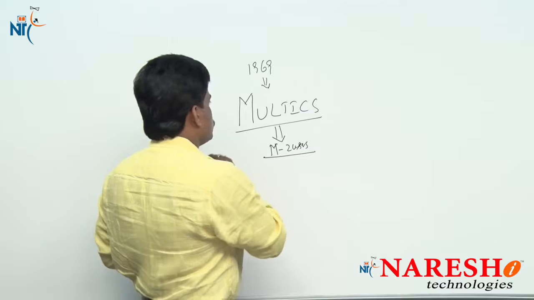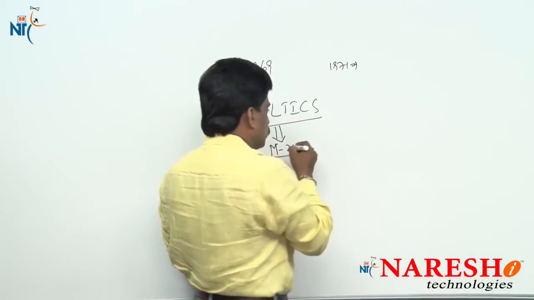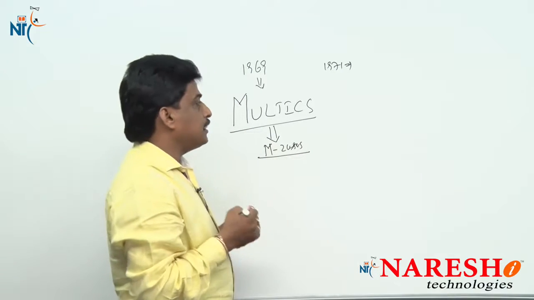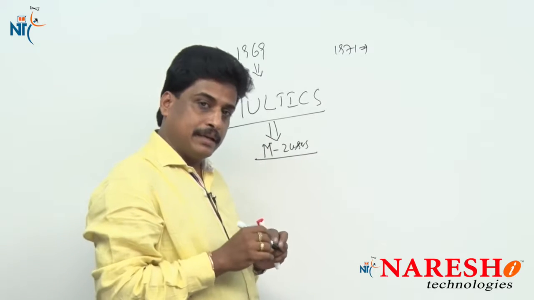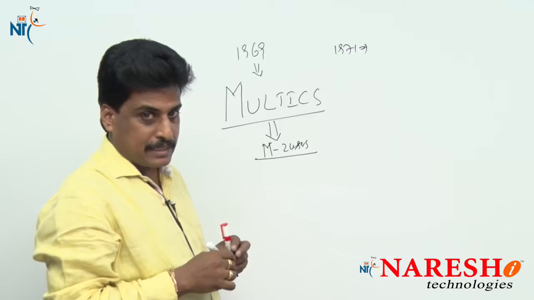And in 1971, to recover the drawbacks of Multics, the same American Telephone and Telegraph, popularly known as Bell Laboratories, again re-implemented it.